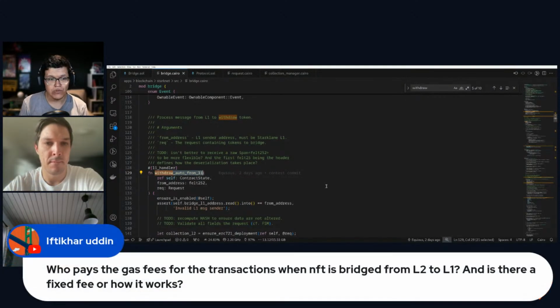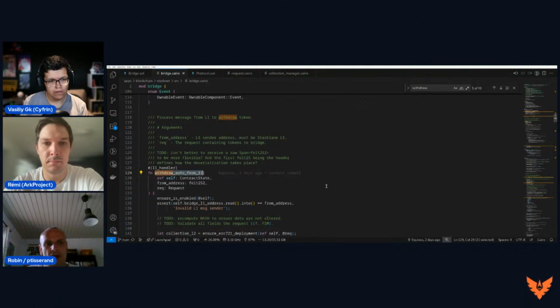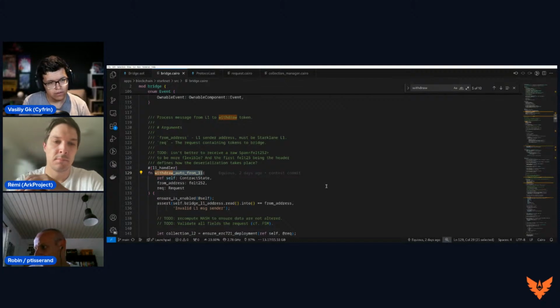We have another question. Who pays the gas fees for the transaction when an NFT is bridged from L2 to L1? And is there a fixed fee, or how does it work? It's the user who pays the gas fee, because he pays the gas fee for the transaction on L2 and then the gas fee to withdraw on L1.